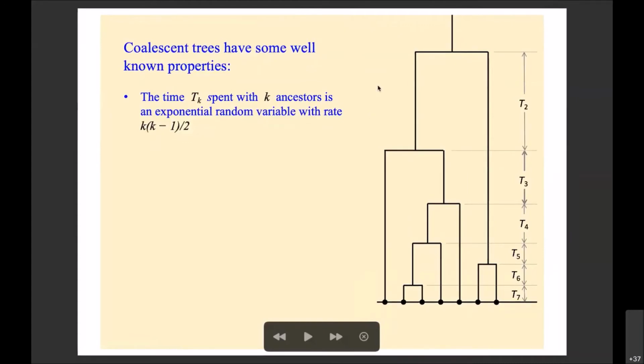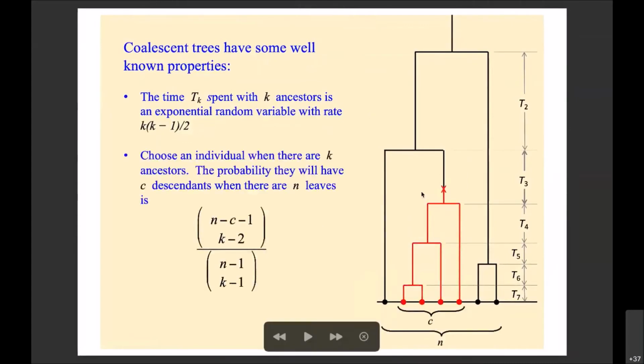And the other piece of information we needed was, well, if we put one mutation somewhere in the tree, we need a nice formula, and Bob had the formula for what's the probability that if we've sampled n and the mutation was at this particular point in the tree, what's the probability, if I have, say, 3 individuals in the coalescent tree at the time the mutation happens, that I've got C allele types of the mutant allele in my sample at the bottom.